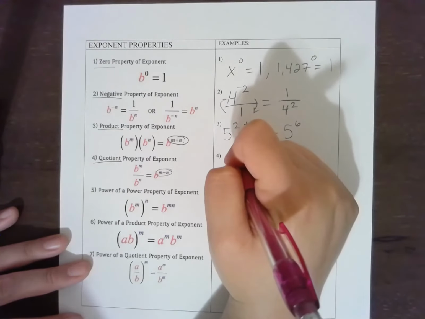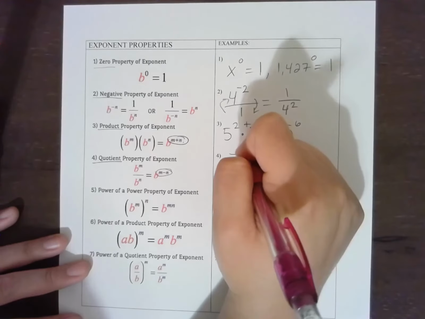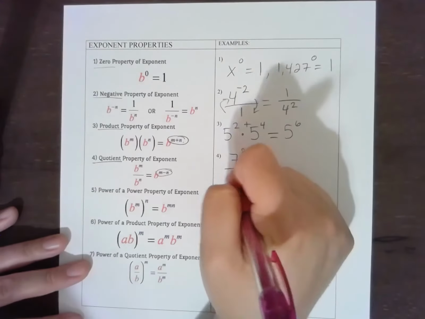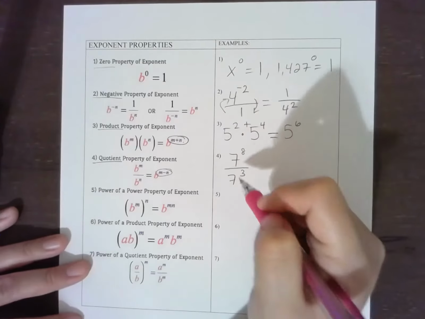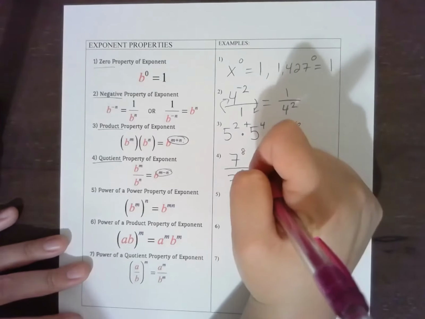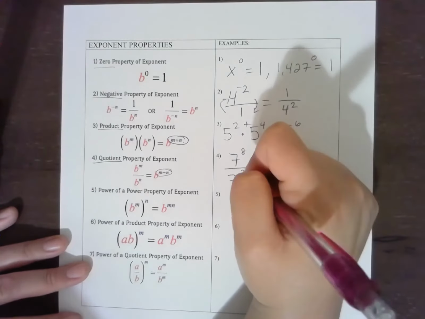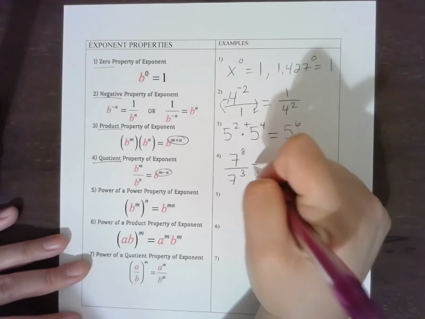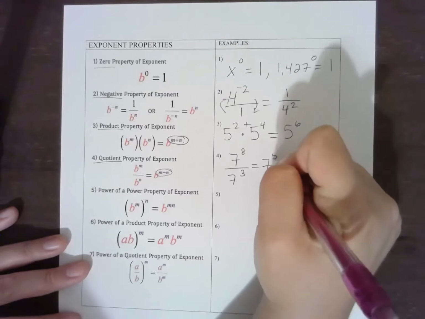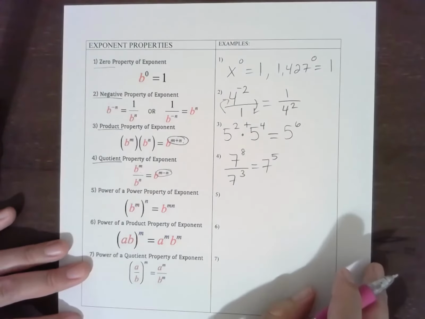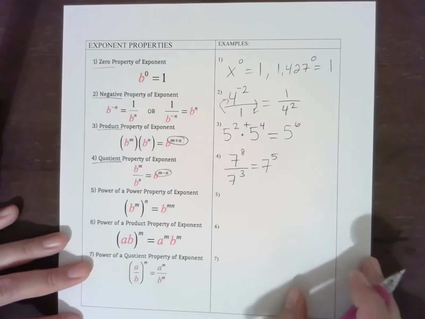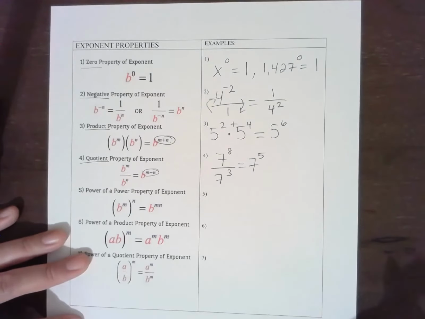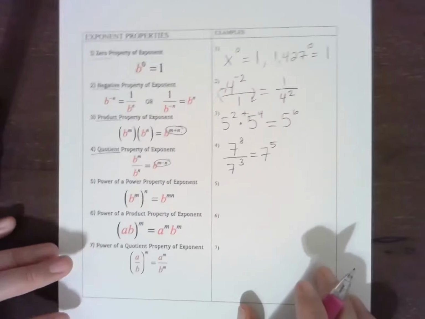So let's do 7 to the 8th power over 7 to the 3rd power. So we have the same base, and what we're going to do is subtract 8 minus 3. So we get 7 to the 5th power. Okay? And this works with any number, as long as you have the same base.